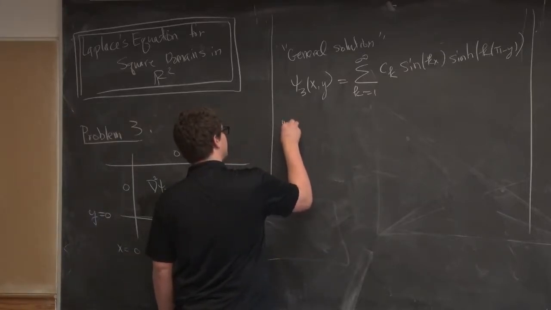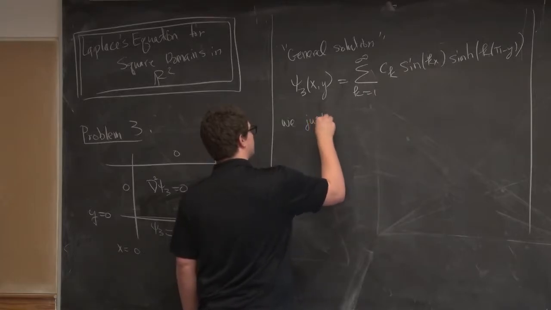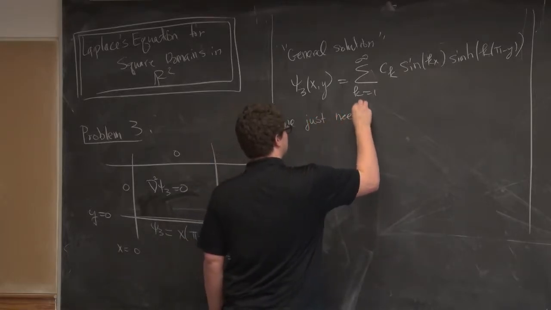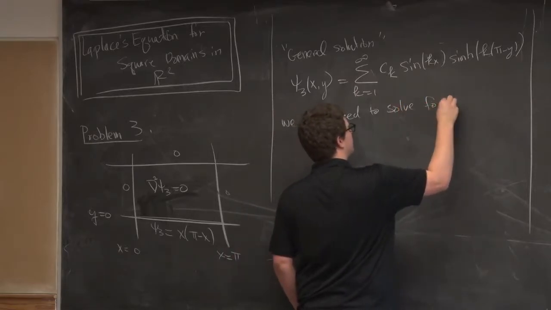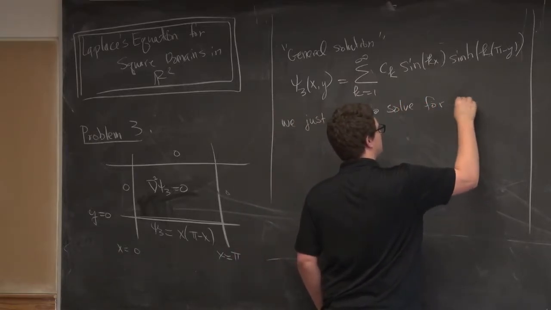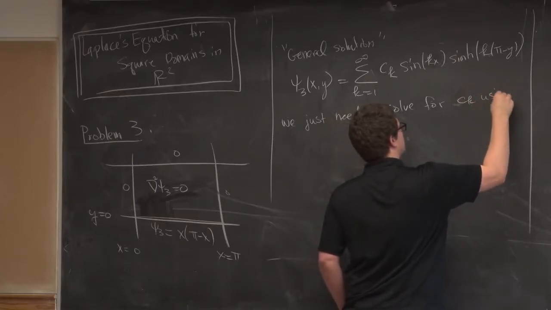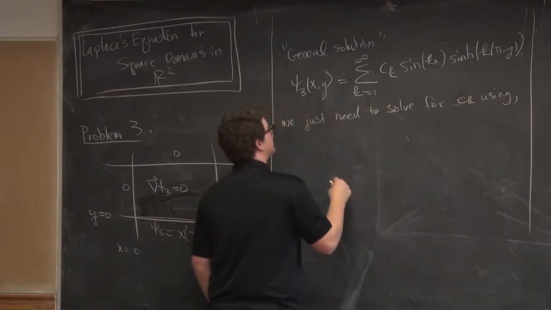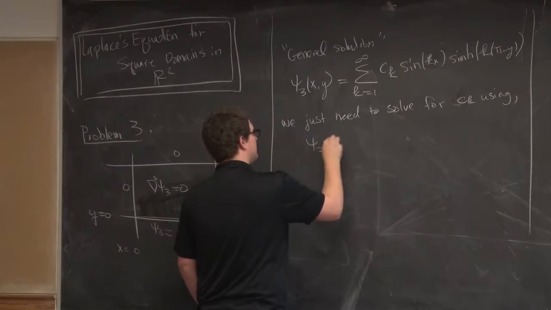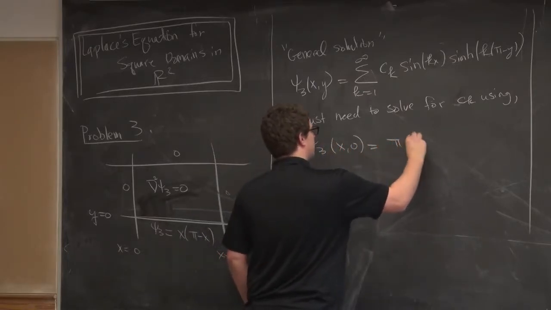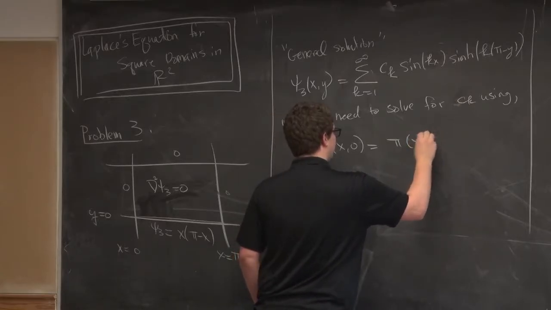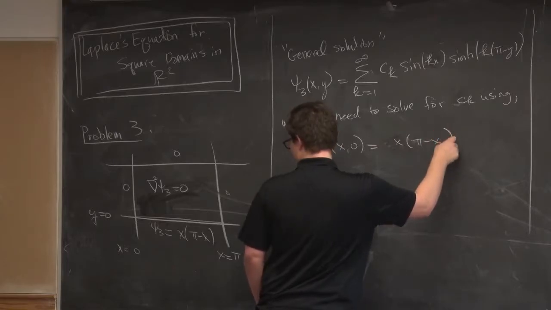So we solve for the c_k using that, x(pi minus x) at y equal to 0.